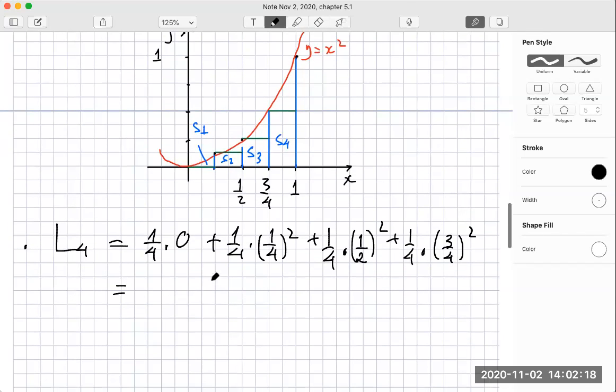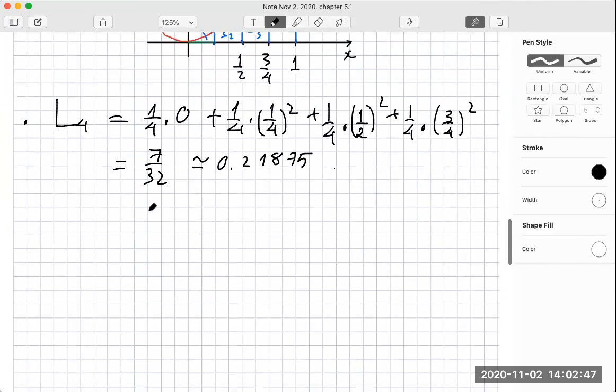We got that the area of this guy is 7/32, which is approximately 0.21875. This is another way to approximate the area of the problem. And we see that the sum of these rectangles is always smaller than the real area. We call it the lower area.